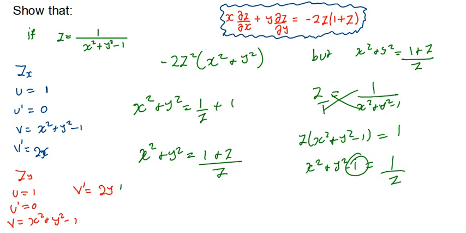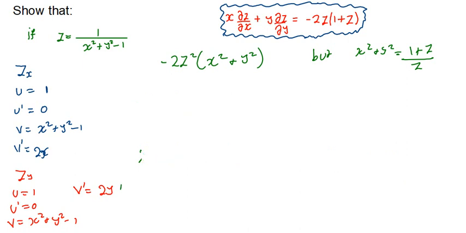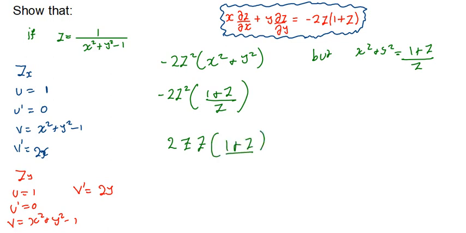Now that we know what that is, we can come and say minus 2z squared. Here I'm going to write 1 plus z divided by z. So the squared can go, so it's more like we have 2z times z, then I have 1 plus z divided by z there.